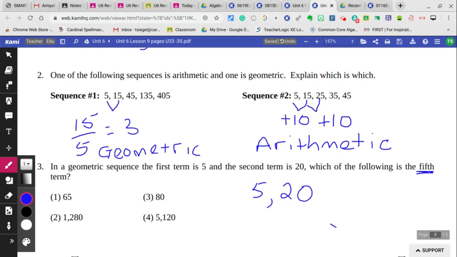All right, so these work almost exactly like the exponential equations that we saw. The initial value, right, so we can say a sub n is the initial value, which is 5, right? And now we have to figure out what the R is. So R is equal to 20 divided by 5, which is 4.